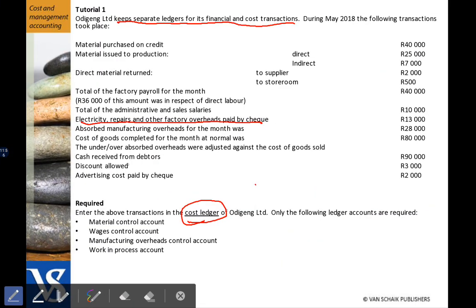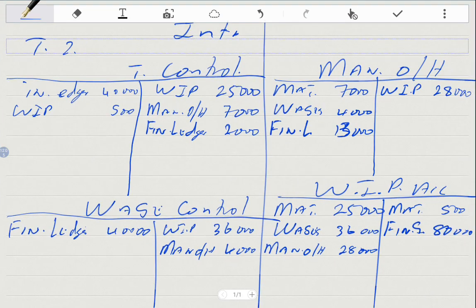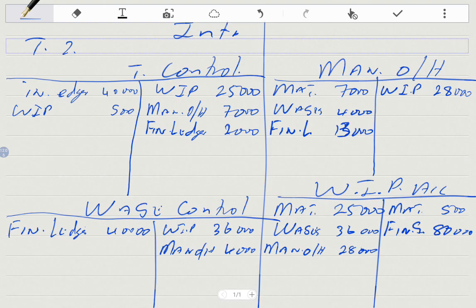Now they say that the under or over-absorbed overheads were adjusted against the cost of goods sold. So that takes us to which account? Of course, it will take us to the manufacturing overheads, and we have to do the calculation on that manufacturing overheads and see our balance, to see which side it's on. 7,000 plus your 4,000 plus your 13,000. So it's 24,000 on the debit side.